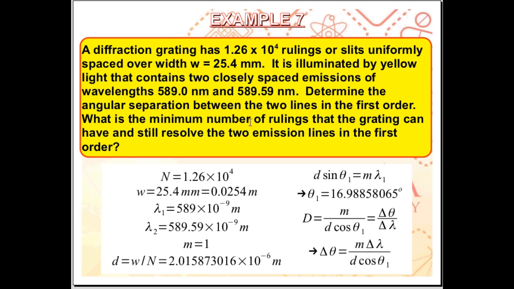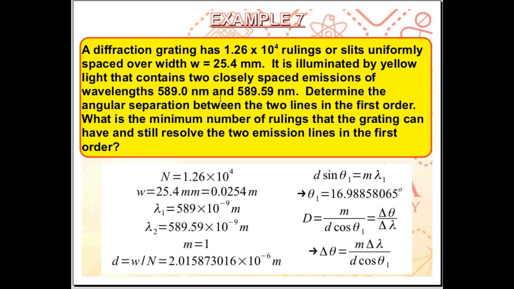What is the minimum number of rulings that the grating can have and still resolve the two emission lines in the first order? So you have the number of rulings in the grating, N is equal to 1.26 times 10 to the fourth power. The overall width of the grating is 25.4 millimeters or 0.0254 meters.